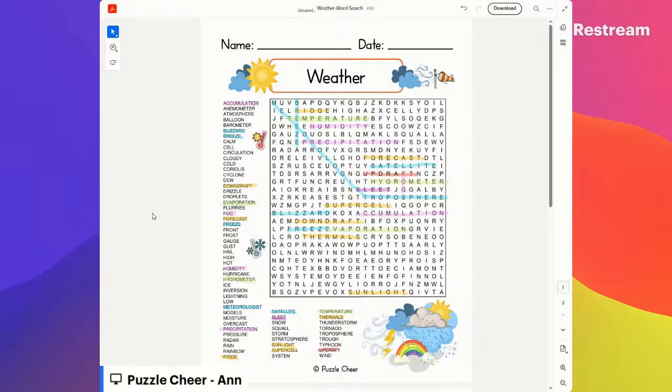Okay, Rory says high is horizontal, just to the right of ridge. Okay, got it. Thank you. H-I-G-H, high. So that's horizontal right at the top of the puzzle. High.